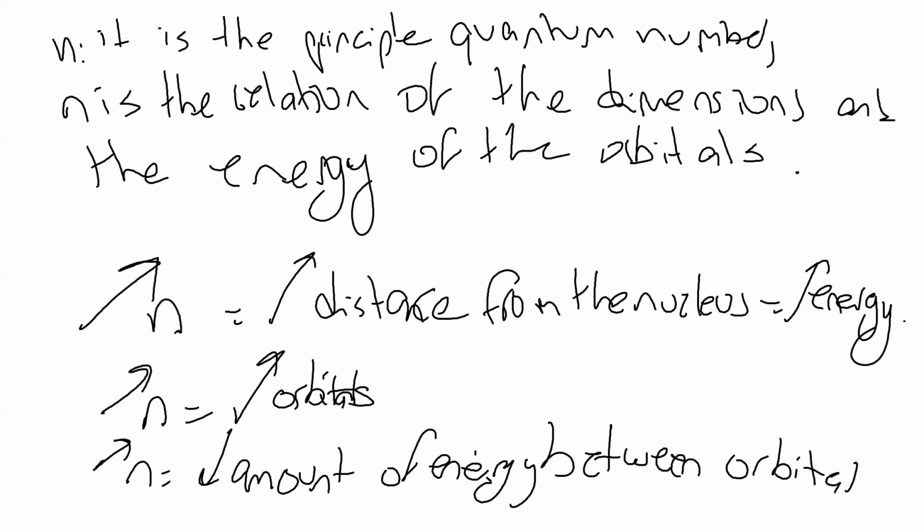So high n, high distance from the nucleus, high energy in the orbital, but low energy between two orbitals together. High n, high orbitals. This you should know about n.